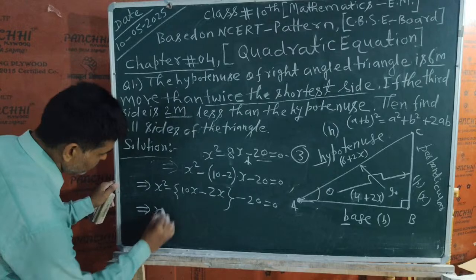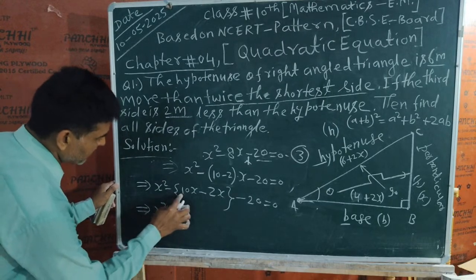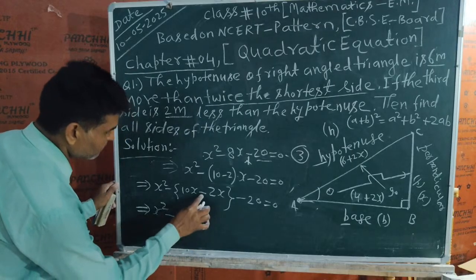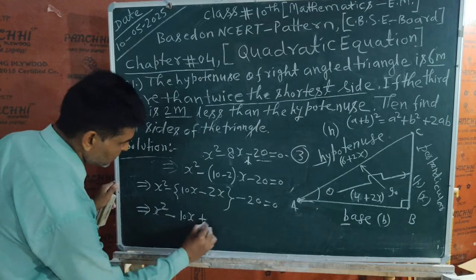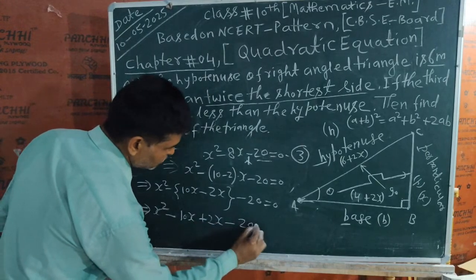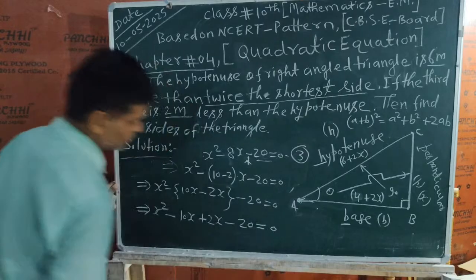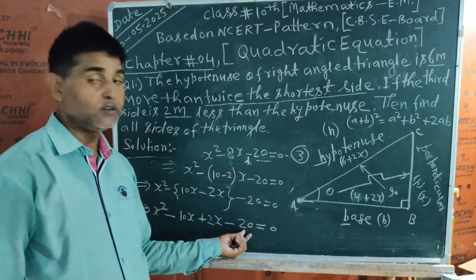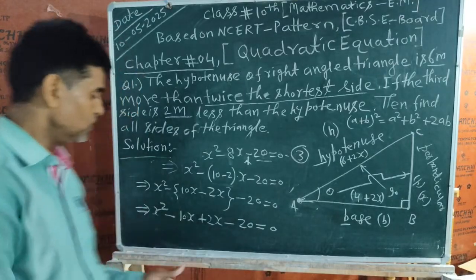So here I will put x square, minus and plus, that will be minus 10x, and here minus and minus will be plus 2x, and then minus 20 is equal to 0. Again further I am going to divide 20, which is equal to 10 into 2.